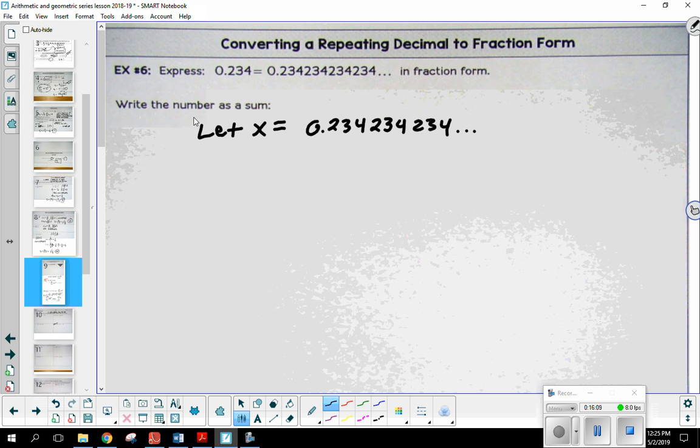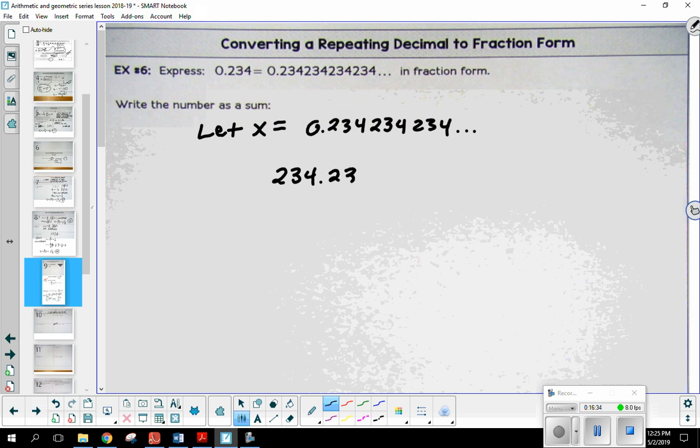Okay. Now, what I'm going to go ahead and do is separate the number of terms that repeat from the rest of it. So how many digits are repeating here? 3. Okay. So after the very first time that it repeats, the 234, I'm going to go ahead and put the decimal right there. I'm going to put the decimal following the very first time it repeats the sequence.